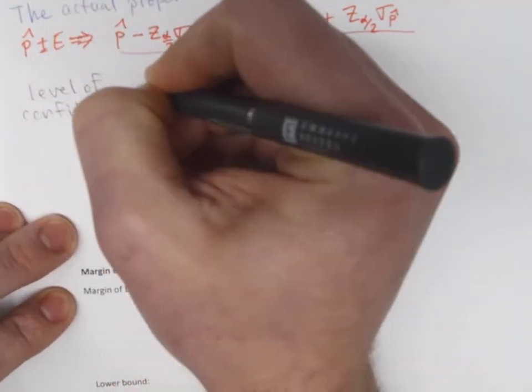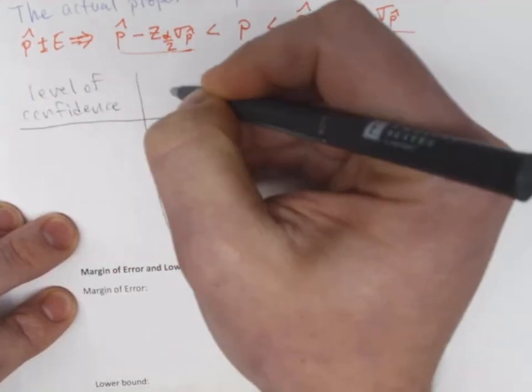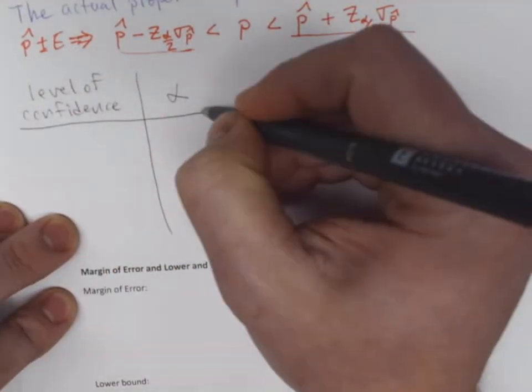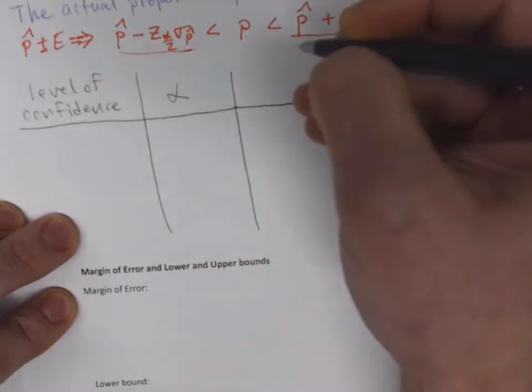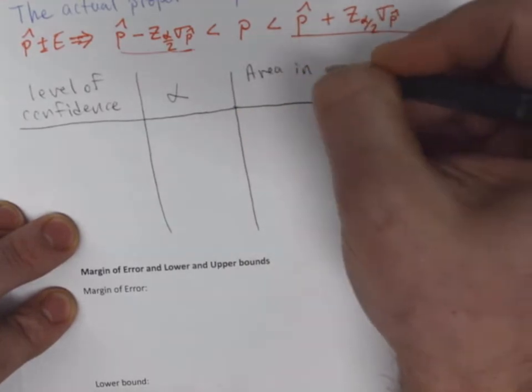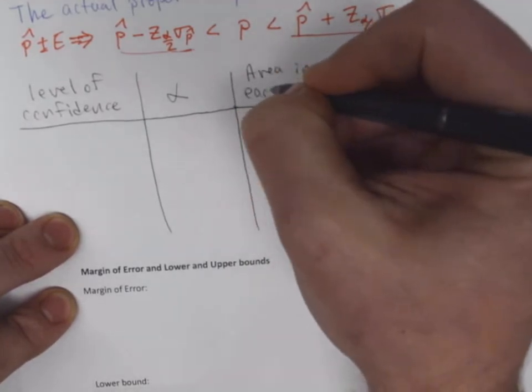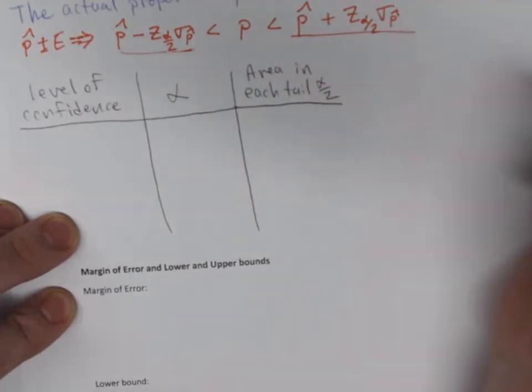And you may want to pause and watch how big it is first. It's up to you. That's alpha. Here we want the area in each tail, which is alpha over 2.